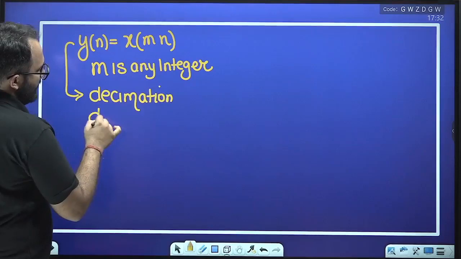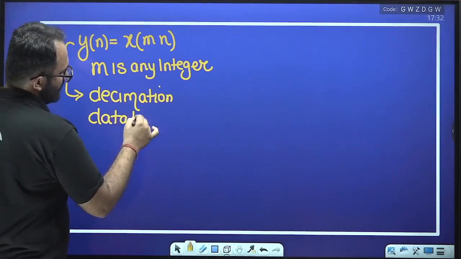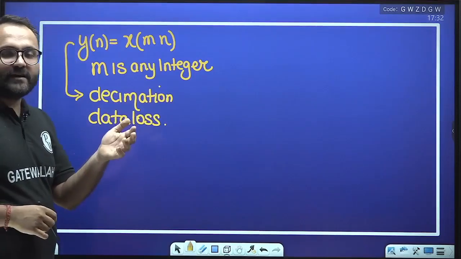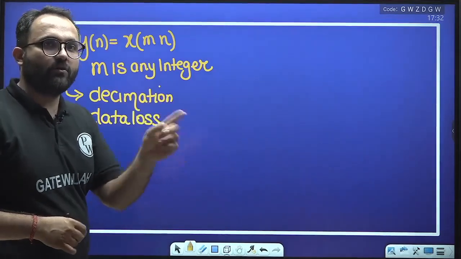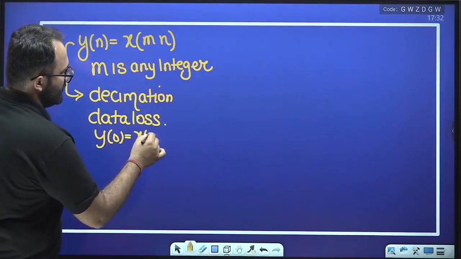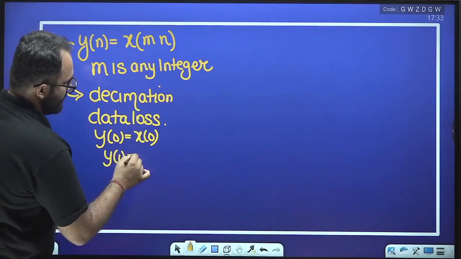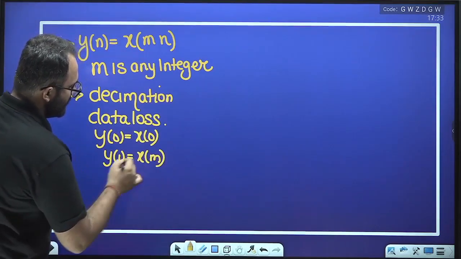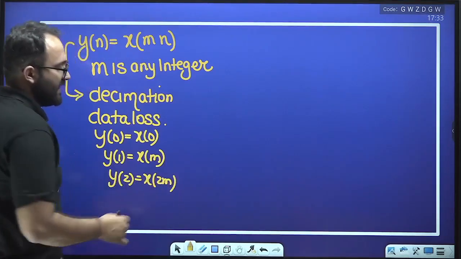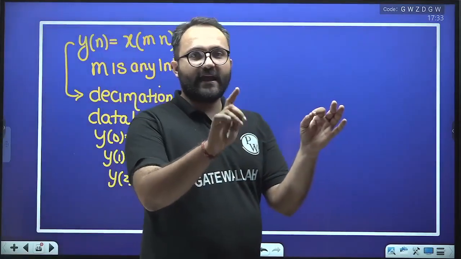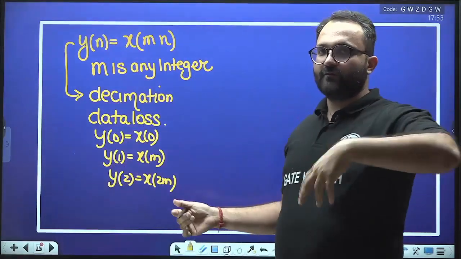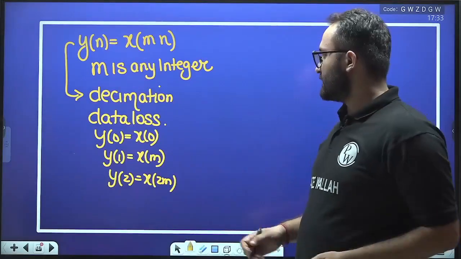Here we have data loss, and here we take the samples which are at the multiples of m location. For example, y0 equals x0, y1 equals xm, y2 equals x of 2m. So we take the 0th sample, then the mth sample, then the 2mth sample of xn, for creating yn from xn.